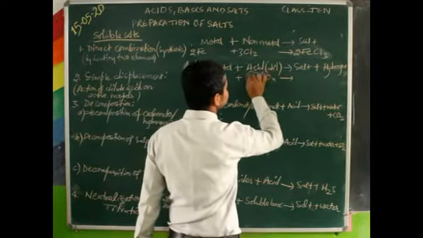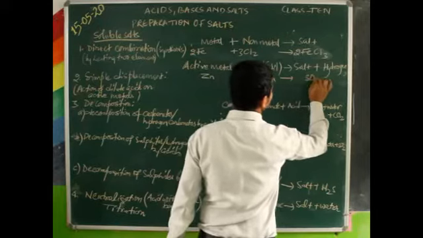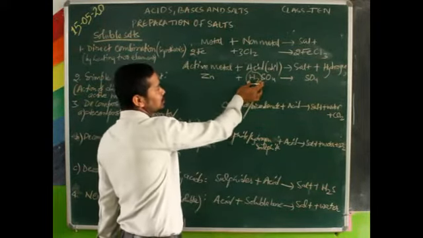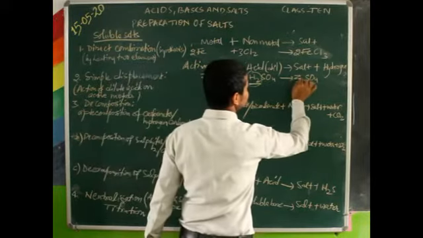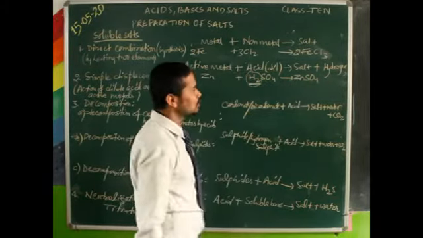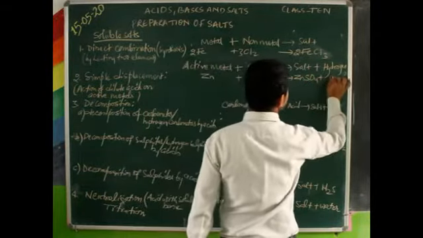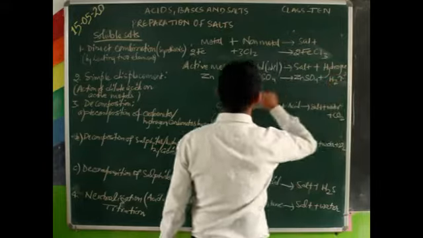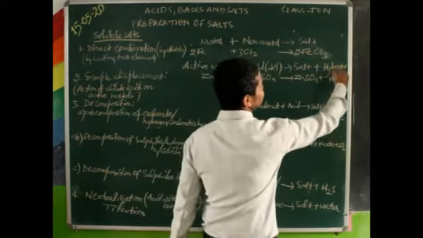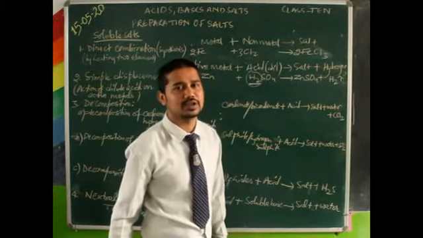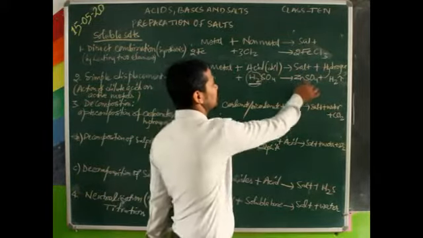SO4. And what has displaced this hydrogen? Zinc. So zinc will come here, ZnSO4. So this forms salt plus hydrogen gas H2. This H2 will be released as hydrogen gas, and this salt is also soluble salt.